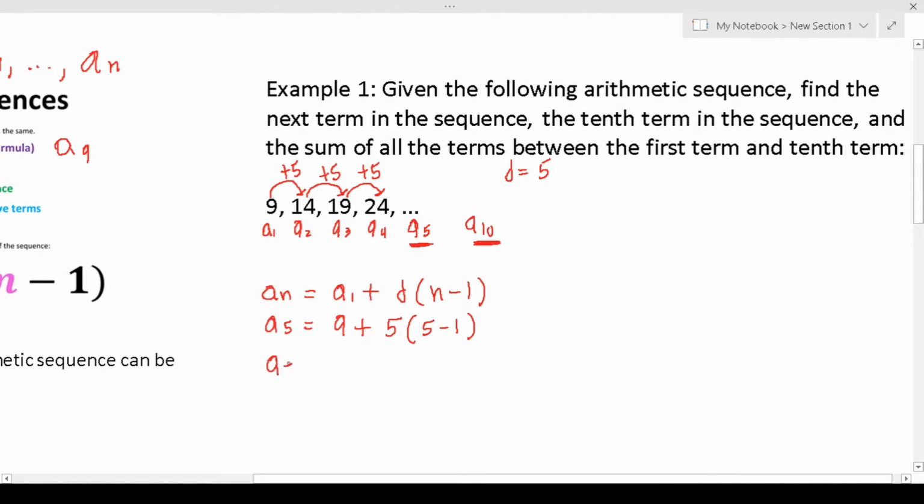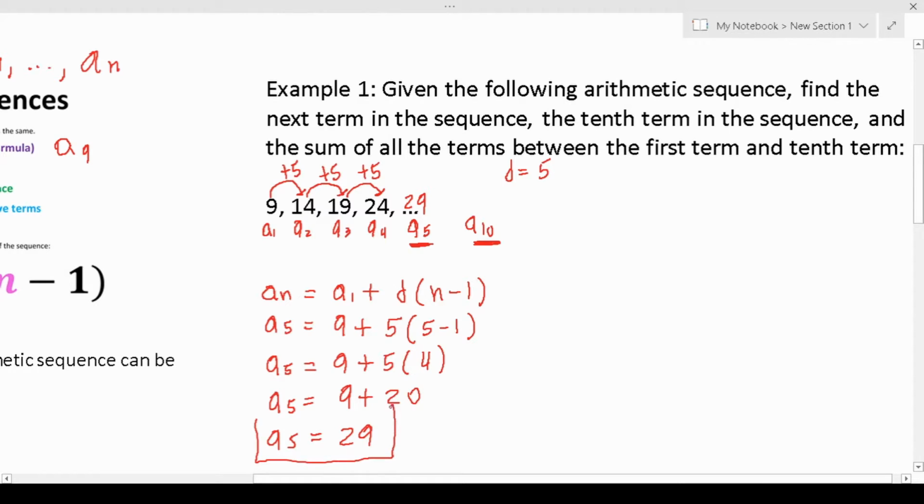Again, this is a_5, referring to the 5th term in this sequence, equals 9 plus 5 times (5 minus 1), which is 4. So a_5 equals 9 plus 5 times 4, which is 20. So a_5, or the 5th term in this sequence, equals 9 plus 20, or 29. So the next term in this sequence, in other words, is 29.